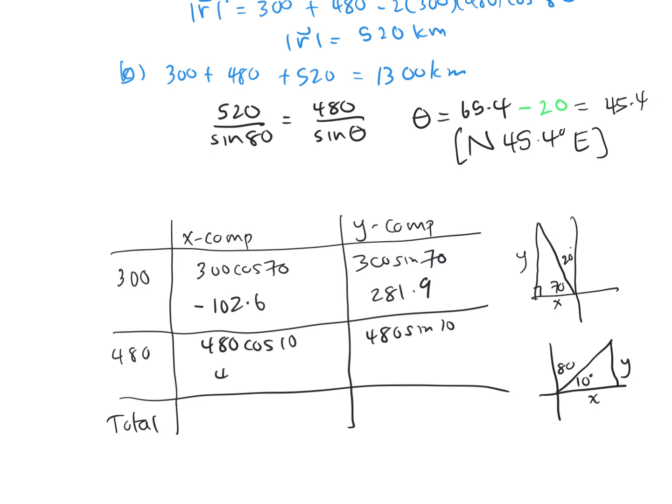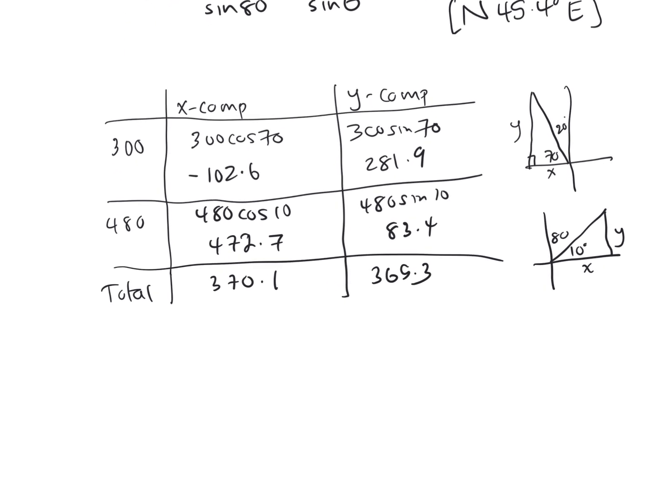This vector is going right and up, so both positive. We'll find the total of these x and y components, and then we'll use Pythagorean theorem to determine the magnitude.